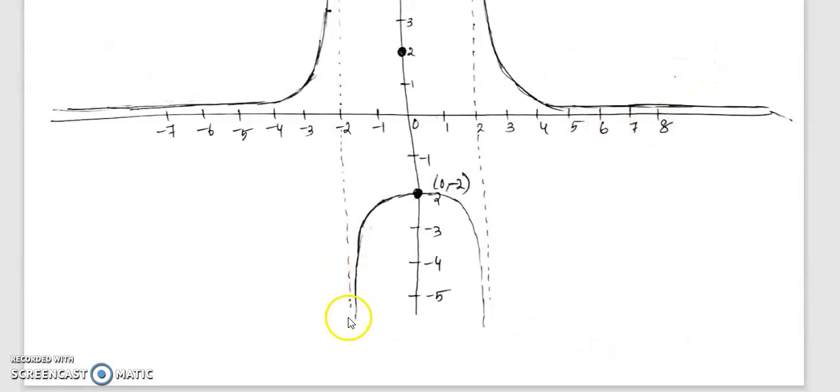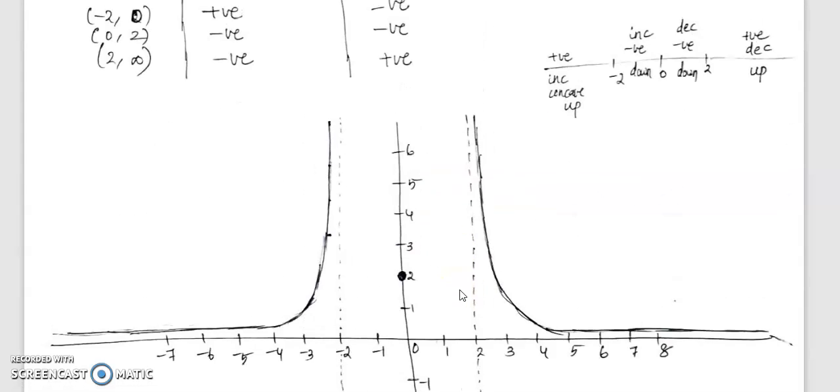So this will be the shape, increasing and concave down here, decreasing and concave down. And in the first interval it is positive, so it is above the x-axis, increasing and concave up. As x tends to infinity, it must be approaching 0, increasing and concave up. So this will be the shape here also. It will be symmetric to this on the other side, because it is an even function.